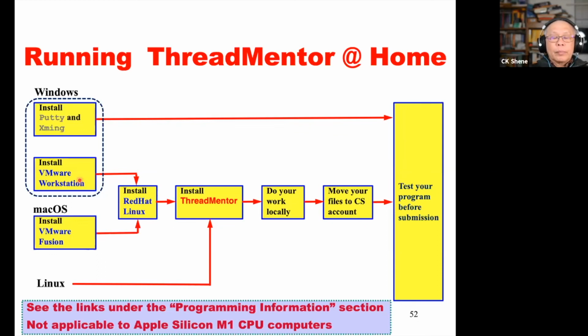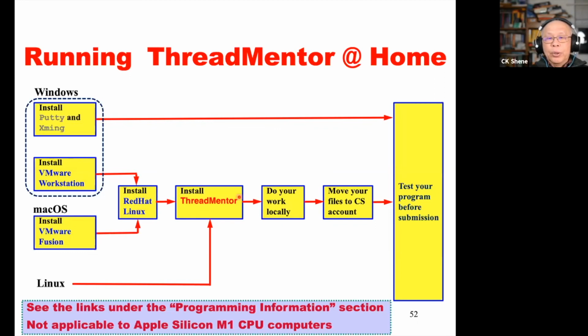Then you have a virtual machine. You can install the Red Hat Linux, which is exactly the same as the system being used in CS Lab. Under this virtual machine, you have a Linux, and then you install ThreadMentor under this Linux.